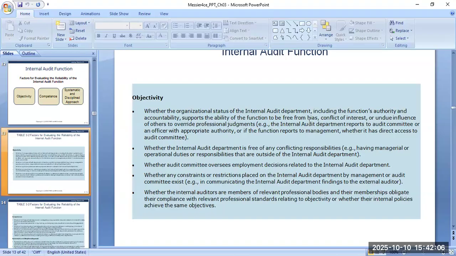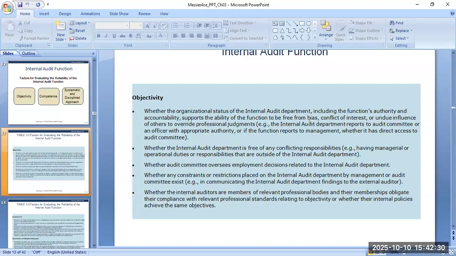So now what we're doing is looking inside of the company. Is there anything that we can use in our audit process to make sure, again, that we're chasing the financial statements free of misstatements and errors? This is our objectivity on the audit.